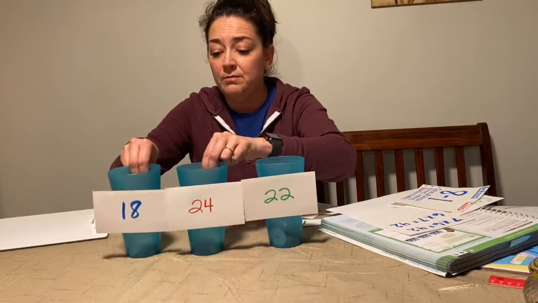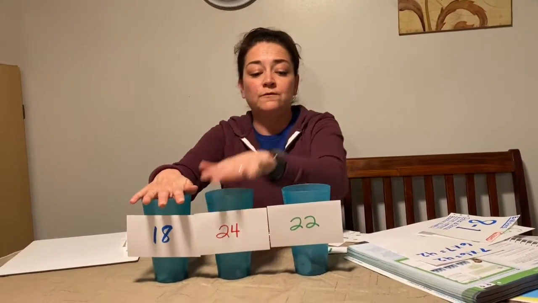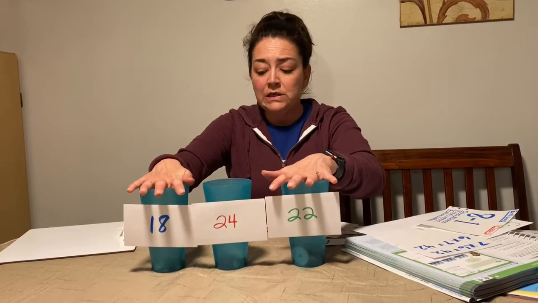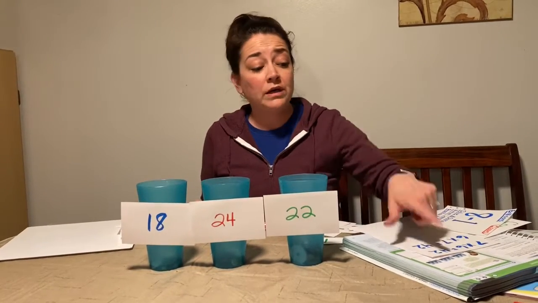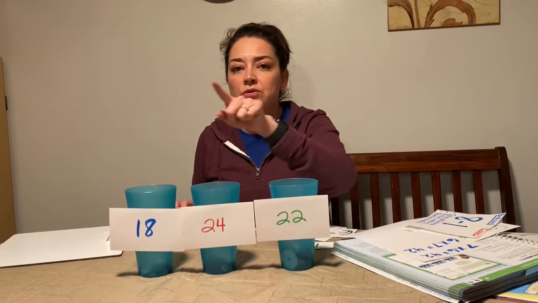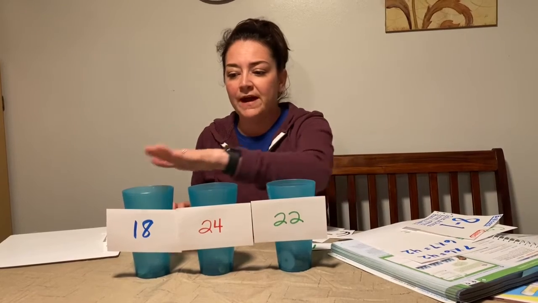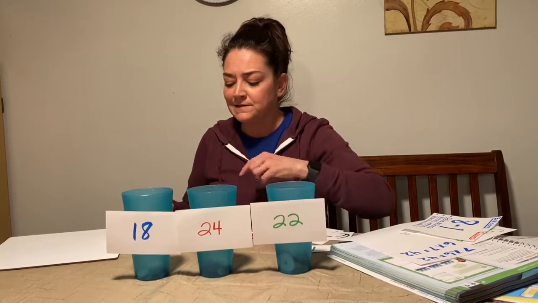So these are her amounts that she has in 3 cups, 18, 24, and 22. So they are wanting you to figure out in the solve and share how many all together, the sum all together of how many buttons Olivia has.